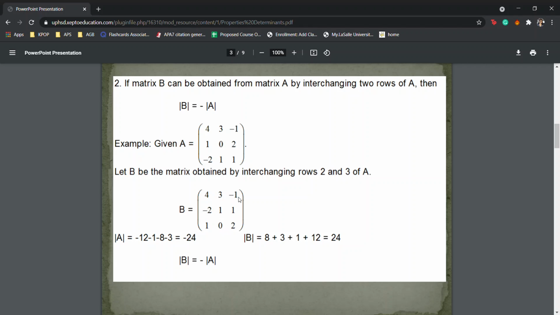Then minus the product of negative 1, 1, and 1, that will be positive 1, minus the product of 3, negative 2, and 2, so that will become positive 12, and minus the product of 4, 1, and 0, which is 0, and we see that the determinant is 24, which is the negative of the determinant of matrix A. So, whenever you interchange two rows or two columns of A, the determinant of the resulting matrix will be the negative of the determinant of the original matrix.